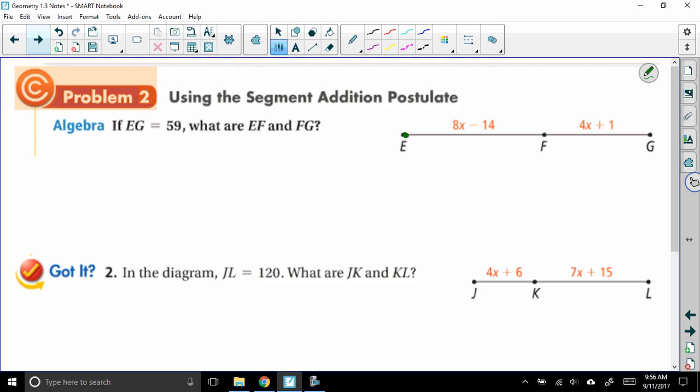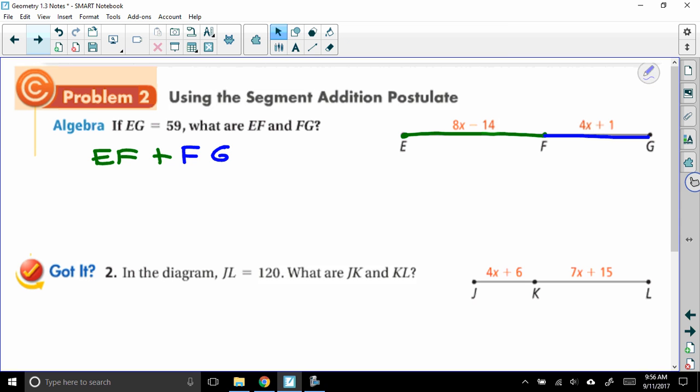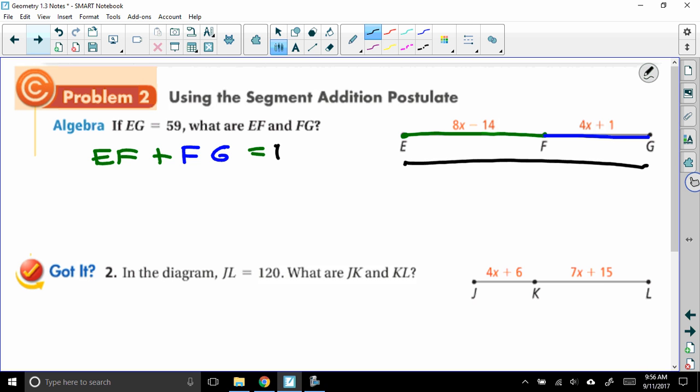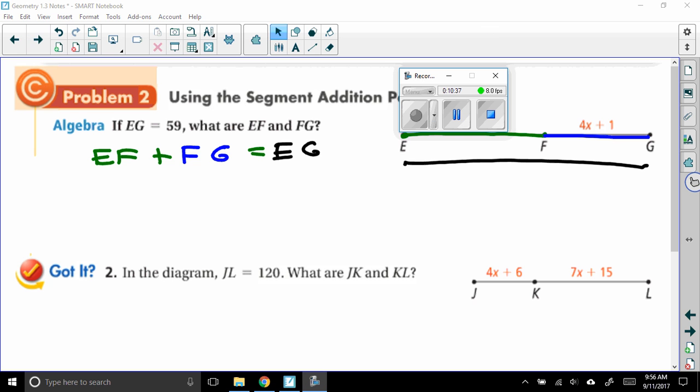The segment addition postulate says if we take EF and we add to EF, FG, it says if we take EF and add FG to it, that is going to equal EG. That is going to equal the length of that whole segment, EG.